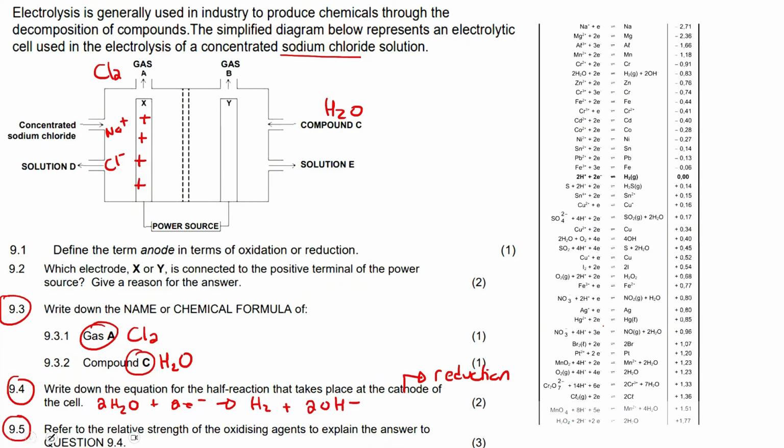Now it says for this question, refer to the relative strength of oxidizing agents to explain the answer. Oh, okay, so they pretty much want to know why is Na plus not reacting and why does 2H2O react?